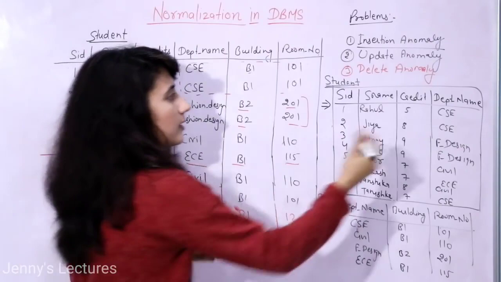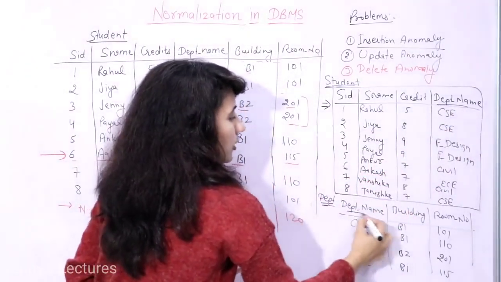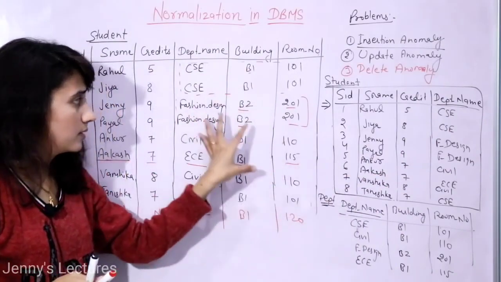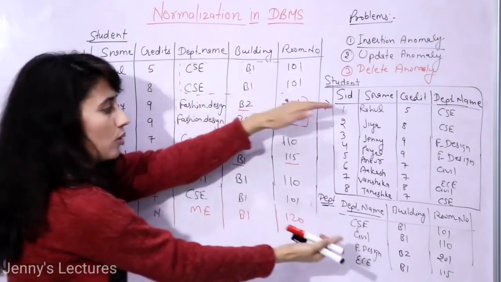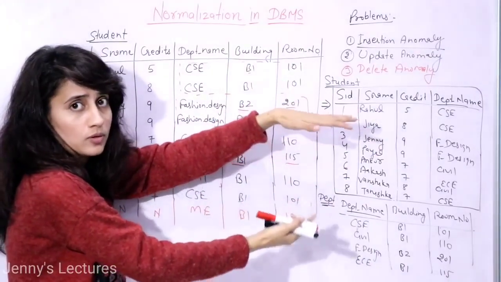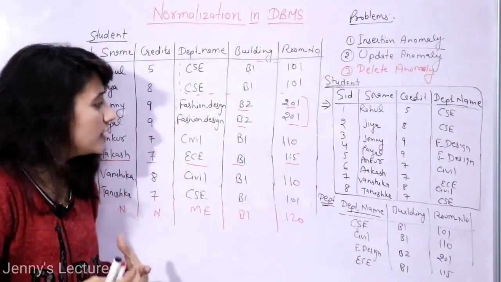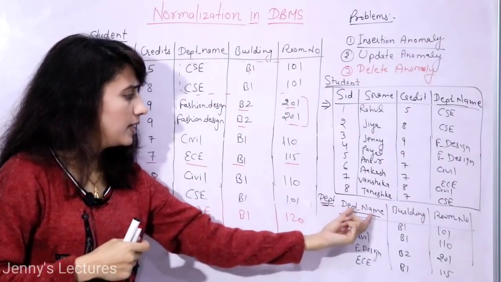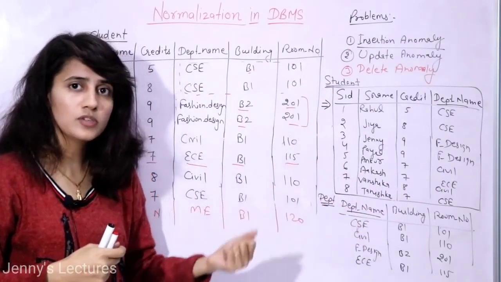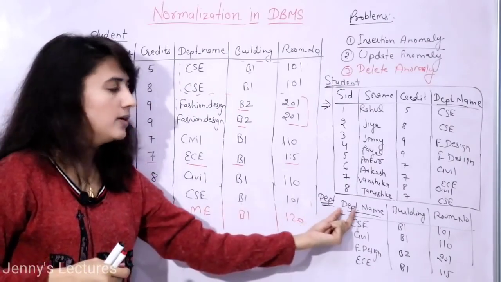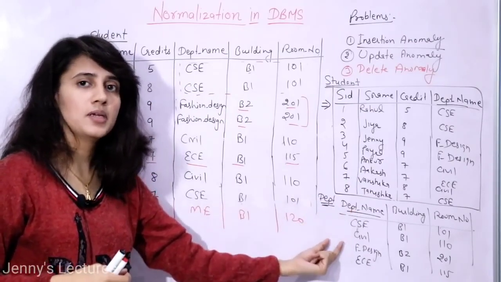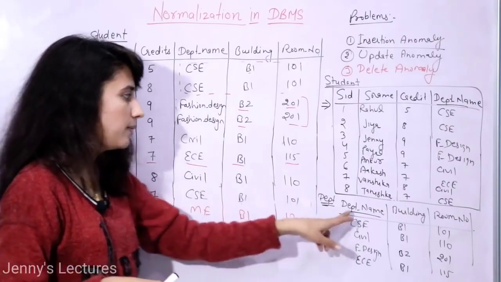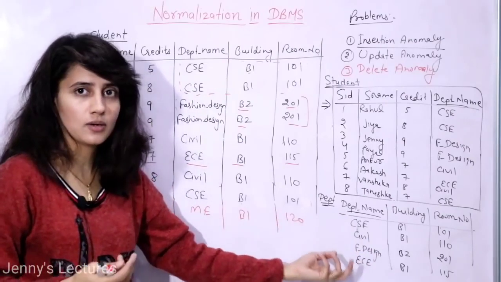Now see, here also I have department name, here also I have department name, right? So now if you are dividing this larger schema into smaller schemas, or you can say into smaller tables like this, then obviously you have to write down some rules, like if we are making a table department name, building and room number, then you should write a rule that department name will act as a primary key in this table, right? It's not like we don't have any primary key in this relation.